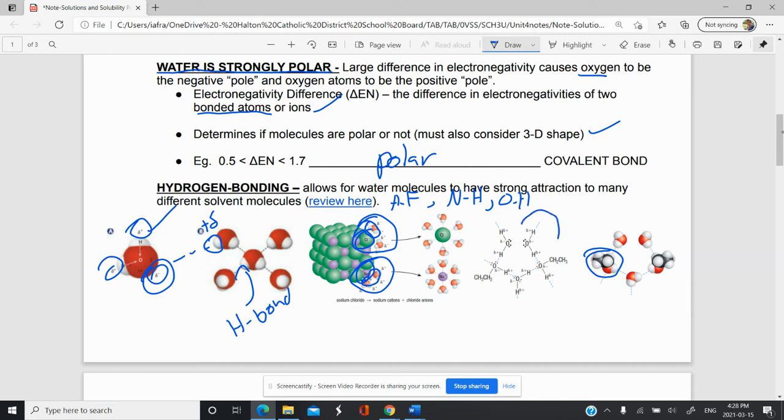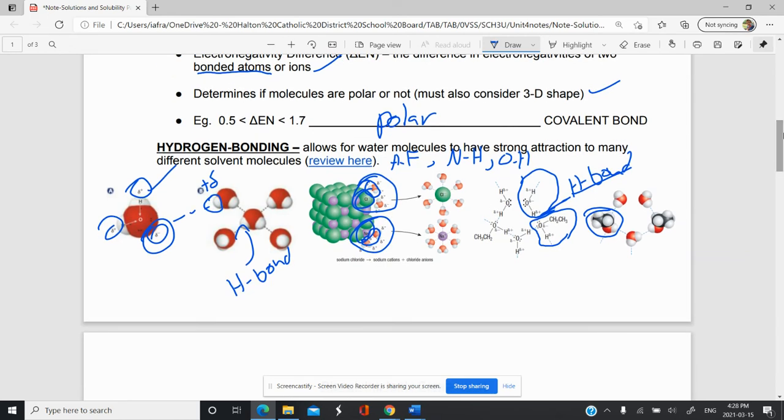You can see we have water over here and the molecular compound over here, and there's some hydrogen bonding happening between the water and the polar solute. So we can see water dissolving molecular compounds as well, and that all has to do with its ability to hydrogen bond, which is due to its polarity.